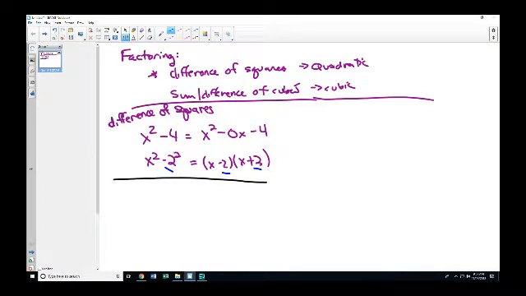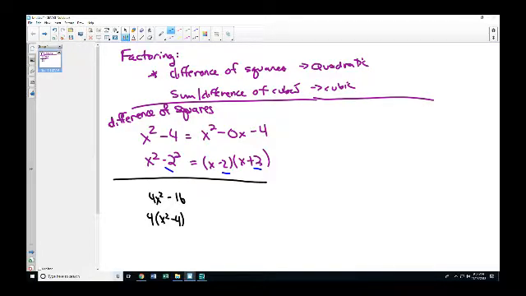How about one with a twist to it. So there's a 4 in the front now, right? So how can we deal with that? You can just take a 4 out of both of them. Okay, that's an option. So we have a 4x squared minus 4.